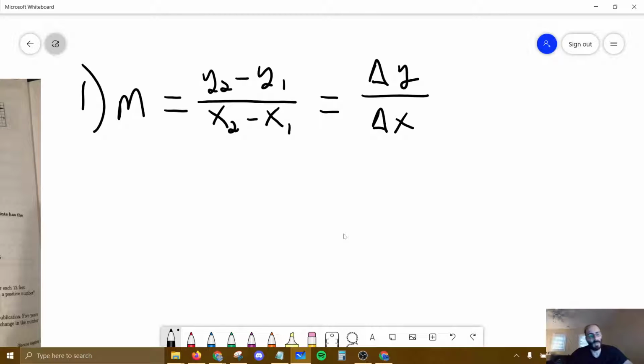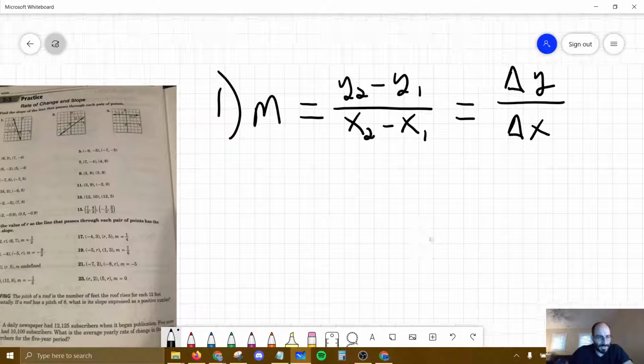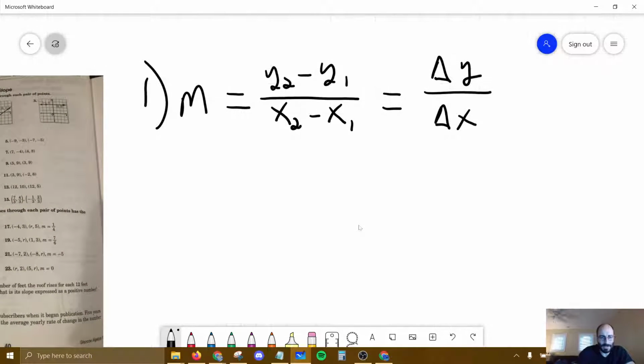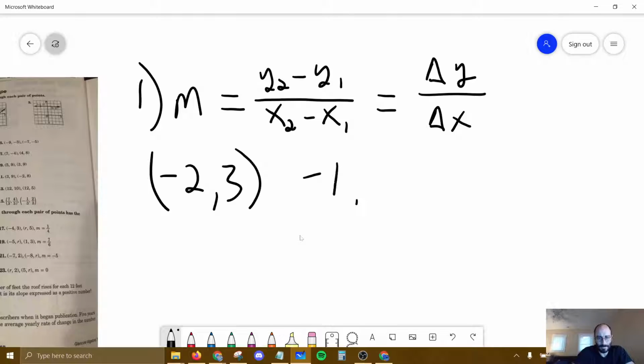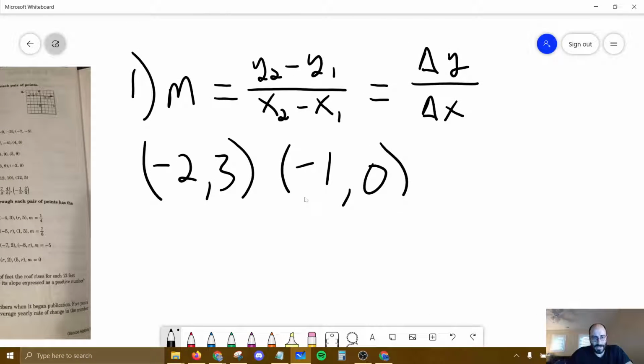So if I got the points negative 2 comma 3 and negative 1 comma 0, well, if I'm going to do y minus y, it doesn't matter.